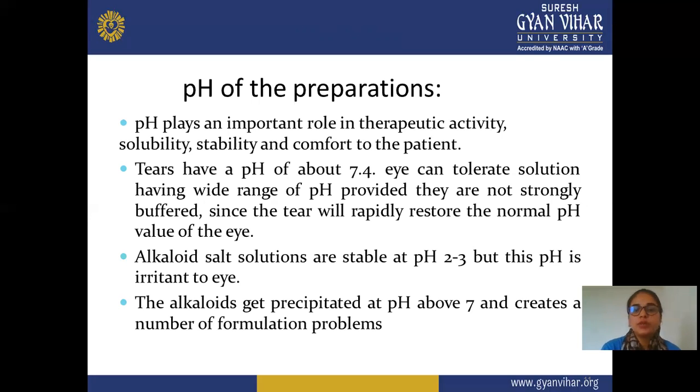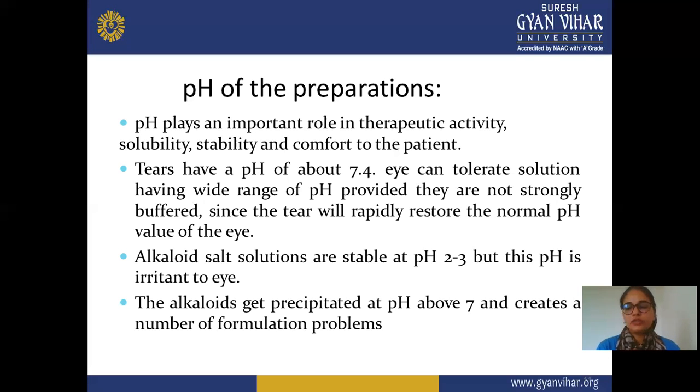And tears have a pH of about 7.4. The eye can tolerate solutions having a wide range of pH, provided they are not strongly buffered, since tears will rapidly restore the normal pH value of the eye. Means try to formulate according to the eye's pH for less irritation or less adverse effect. If you are preparing at another pH, then it may show some irritation.